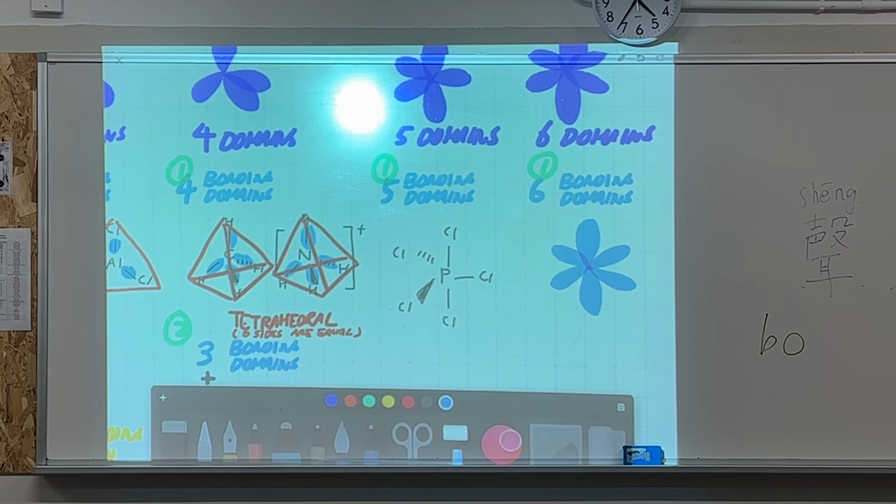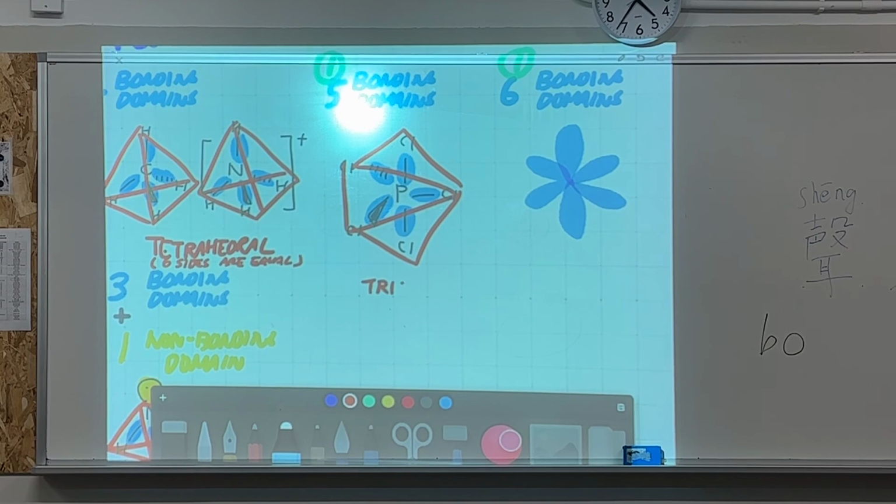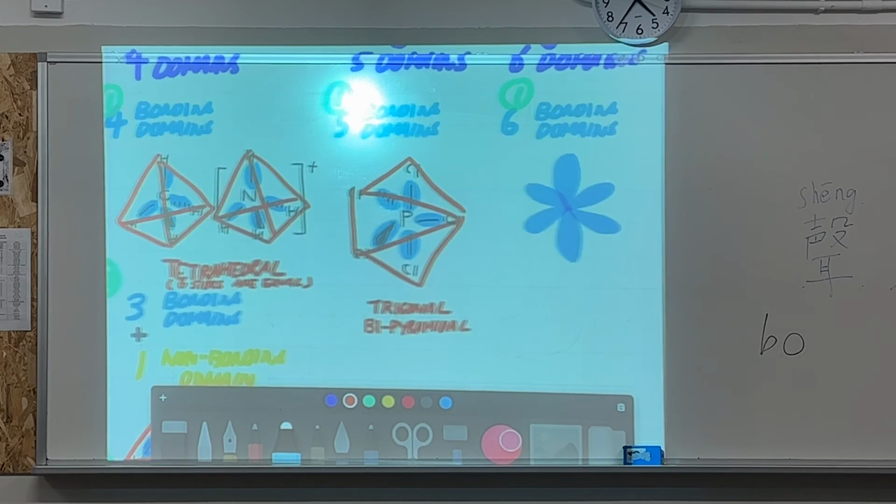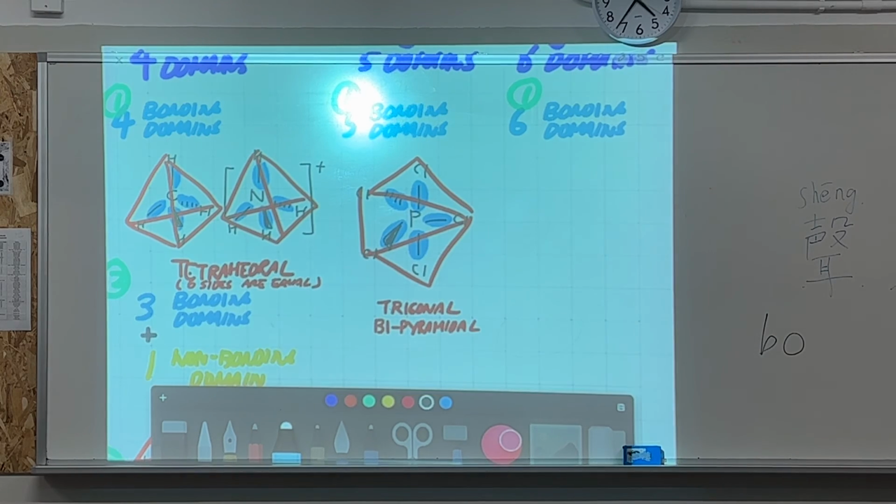PCl5. All 5 are bonding or non-bonding? Bonding. That means you can see them all. So when you connect them together, what is this? Trigonal bipyramidal.